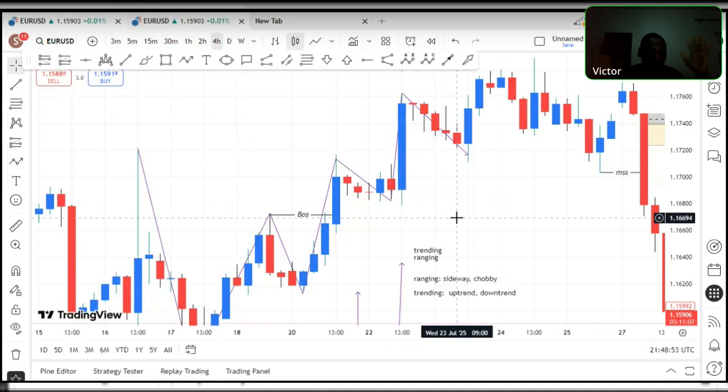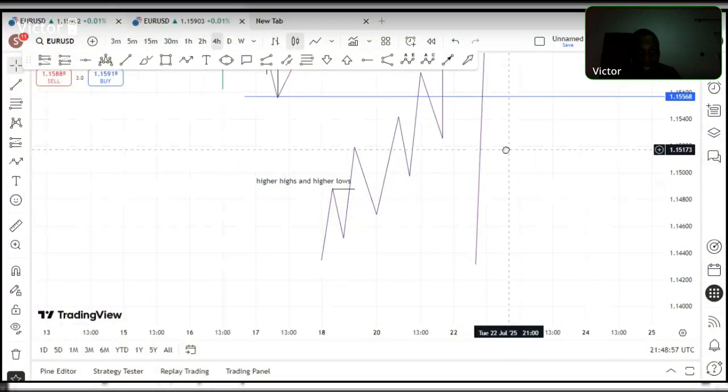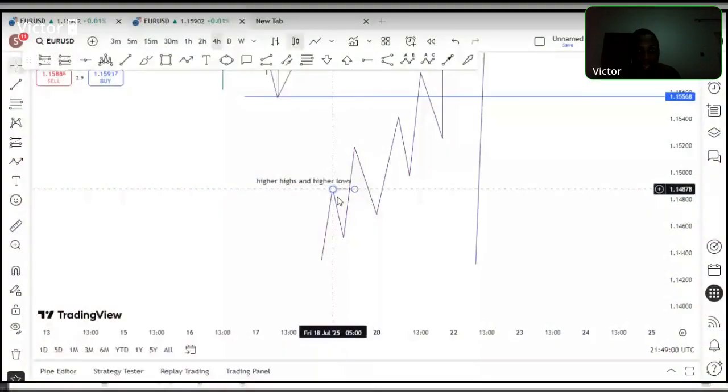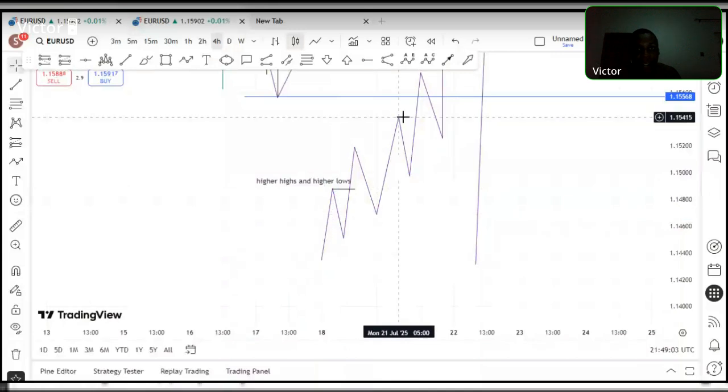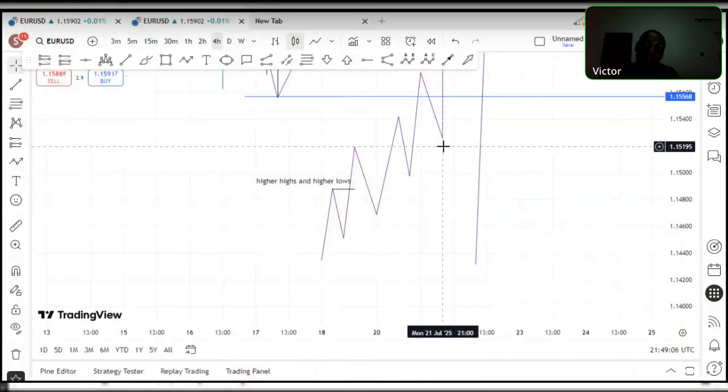So what does an uptrend consist of? Higher highs and higher lows. Higher high, higher low, higher high, higher low, higher high, higher low. Do you understand? If you understand, please react.